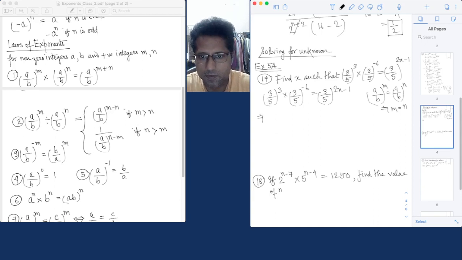So this equation implies that the left hand side can be simplified, since it's a product of two exponents where the base is the same and the powers are different, so the powers get added. 3 by 5 raised to the power 3 minus 6 equals 3 by 5 raised to the power 2x minus 1.